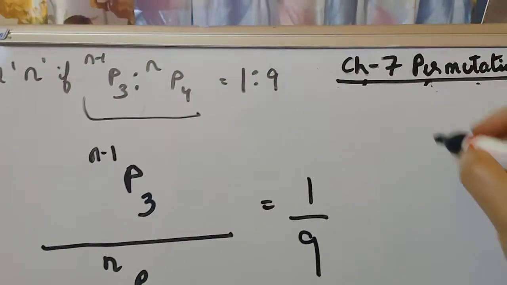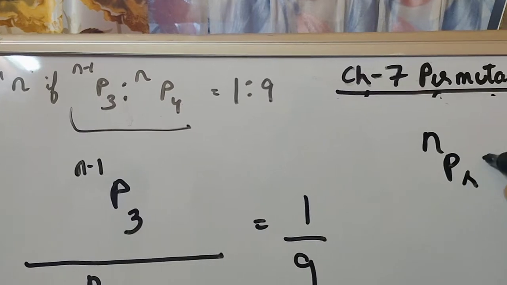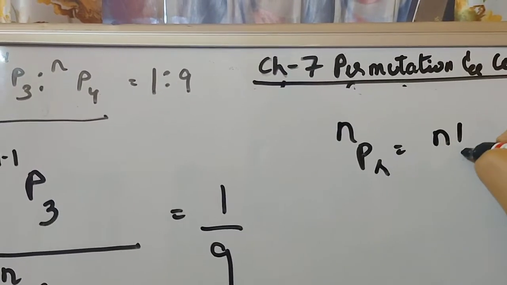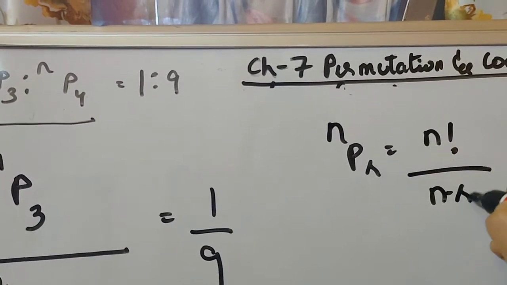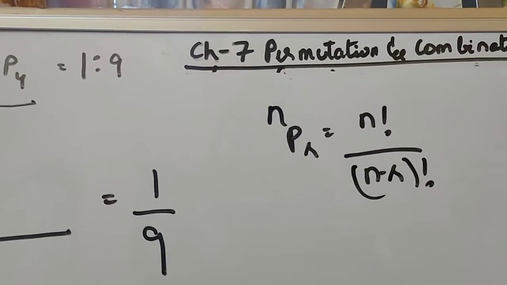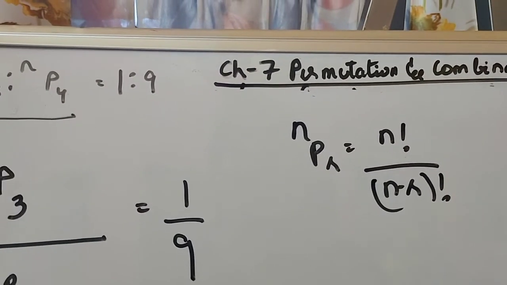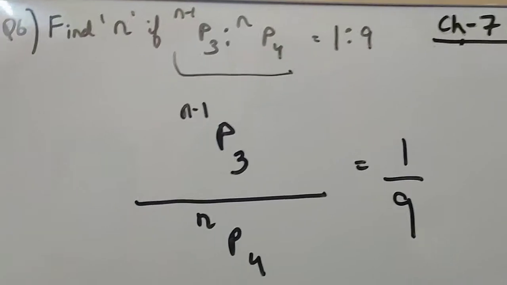Now you know the nPr formula. It is n factorial by (n minus r) factorial. So we will be applying this same formula here.